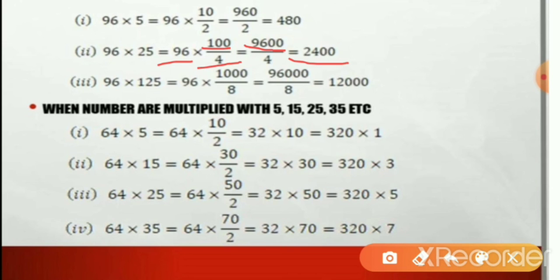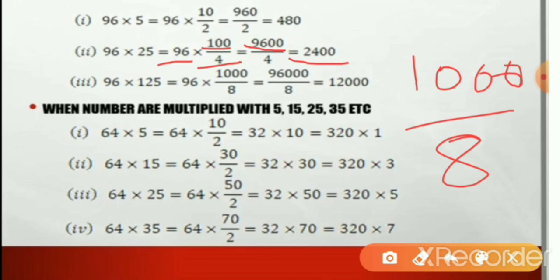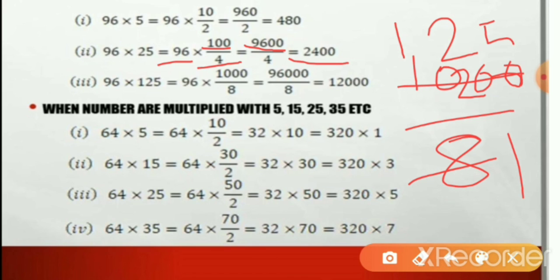In the same manner, the third question is 96 multiply with 125. So instead of writing 125, we can write 1000 divided by 8. So 1000 divided by 8 means we will divide it. 8 ones are 8, 8 ones are 8, remaining 2, 8 twos are 16, then 8 fives are 40.